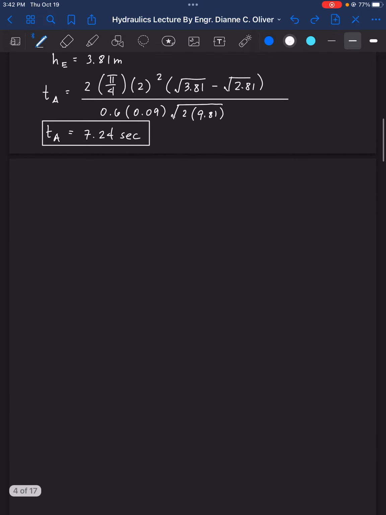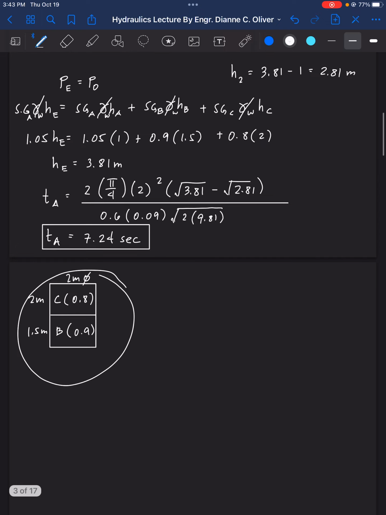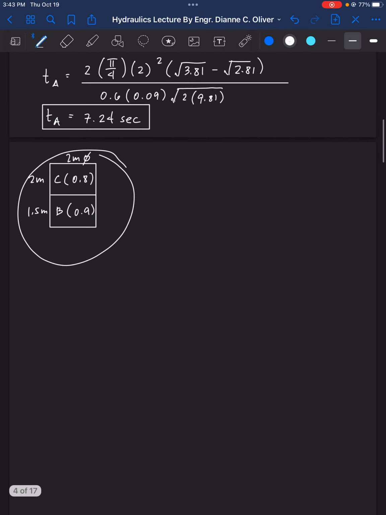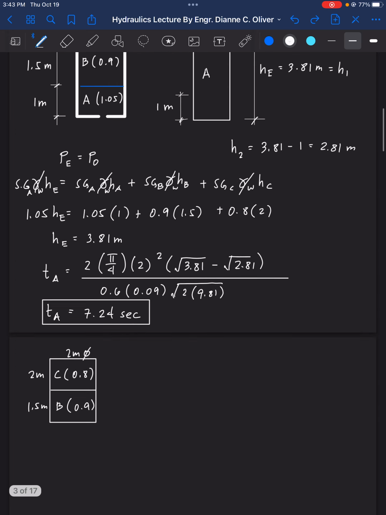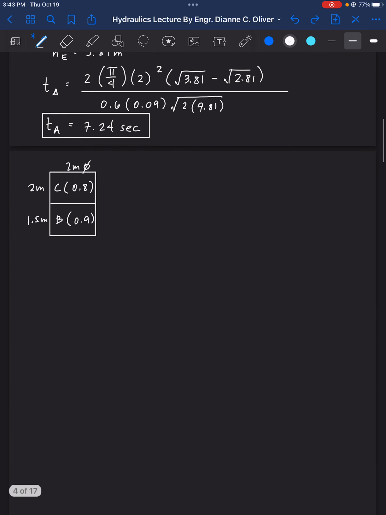So it will just look like this. This is our container, and that's what's left in the container. Again, just like what we did for liquid A, we need to find the equivalent height when we are dealing with one liquid only. So what is the equivalent height of liquid B?